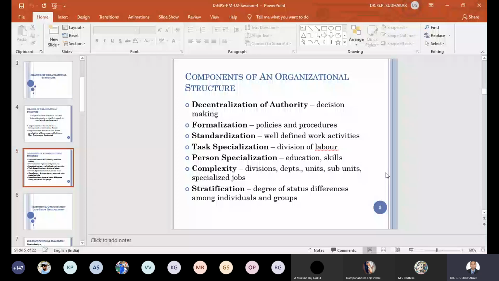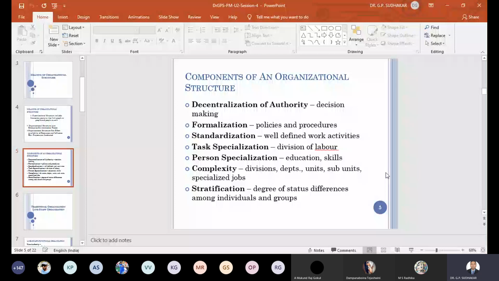Next, complexity. Using organization structure, we can decompose the entire business organization into different divisions, different business units, different subunits. Each subunit will have different projects or programs, further decomposed into smaller projects or modules.